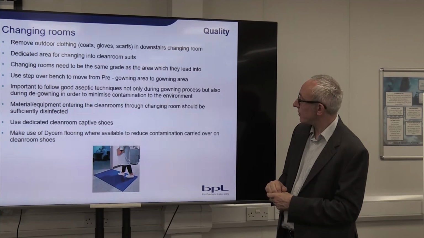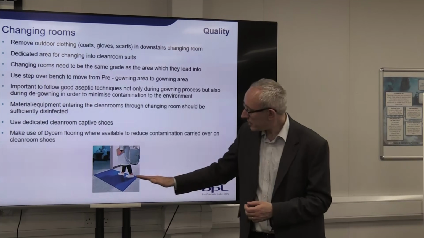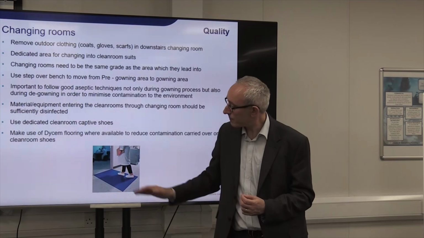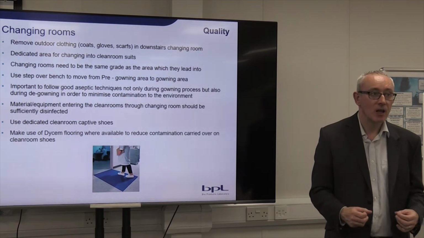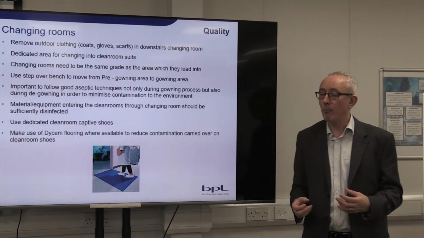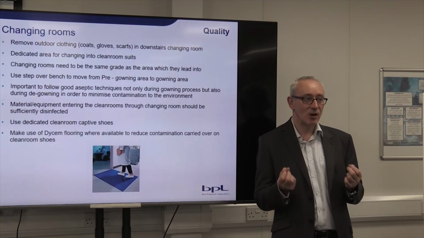We've covered the material and the shoes. The other thing is, you may see these types of mats around, and that's a special mat called Dycem flooring. It's made of a polymeric material, and it has a static charge on it.